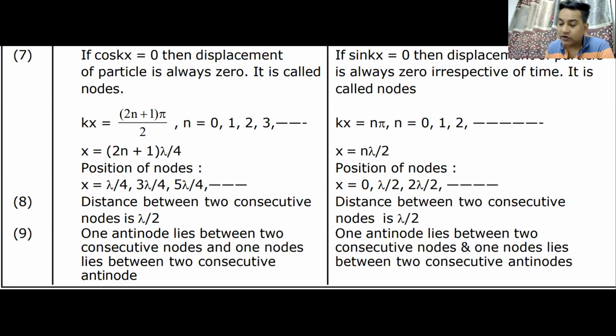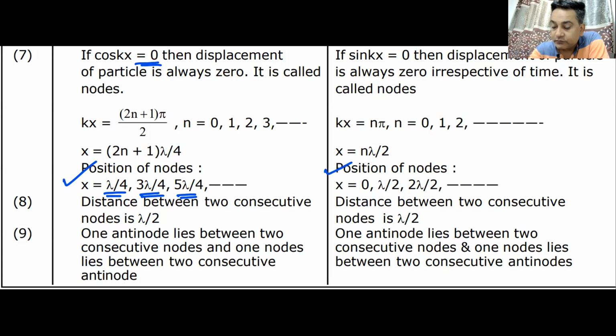We have done antinode, so we must do the opposite of antinode as well. The opposite of an antinode is a node, and what is a node? A node is the position where the displacement is 0, yes or no? So in the case of the left hand side equation, the position of node becomes lambda by 4, 3 lambda by 4, 5 lambda by 4.